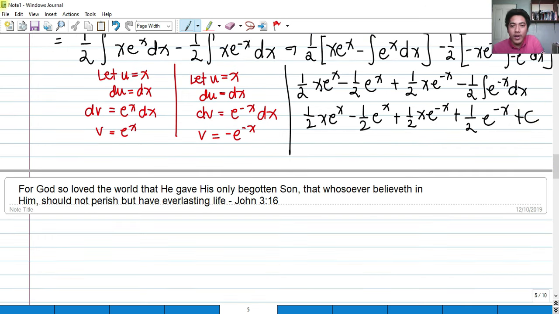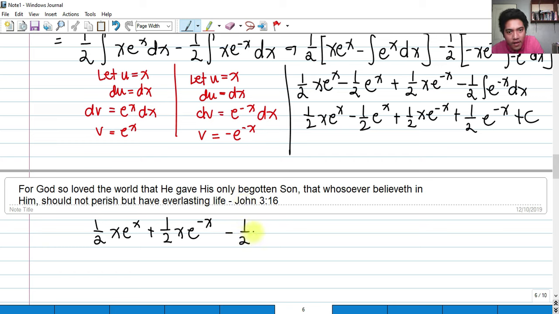If I'm going to rearrange this, such that I'll be picking 1/2 x e^x, and I have here another one, plus 1/2 x e^(−x), and minus 1/2 e^x, this is that term, plus 1/2 e^(−x) plus c.